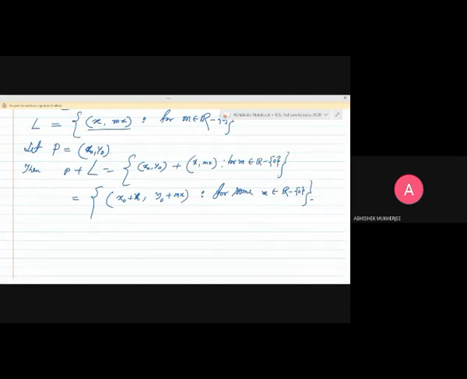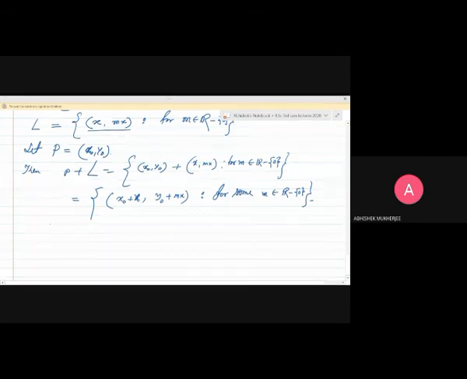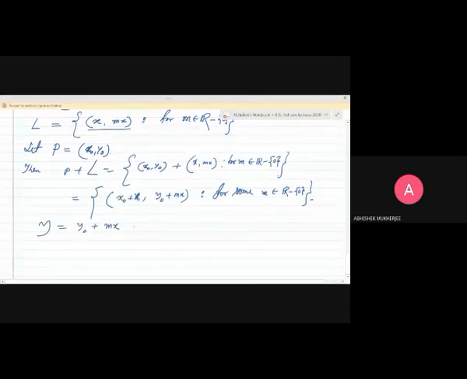Then what can you say about this P plus L? So y equal to y0 plus mx, that means y0 plus mx minus mx0 plus mx0.